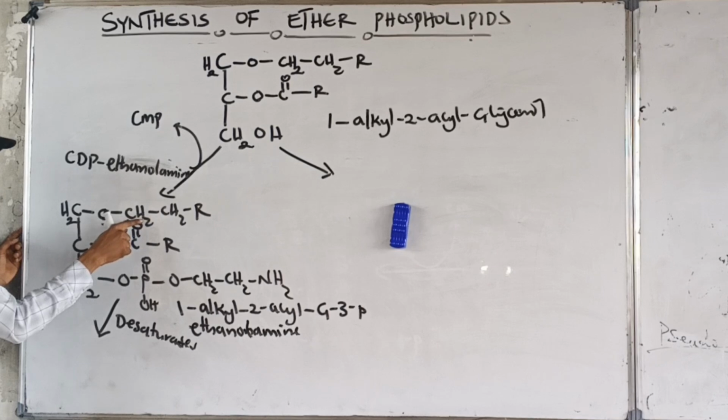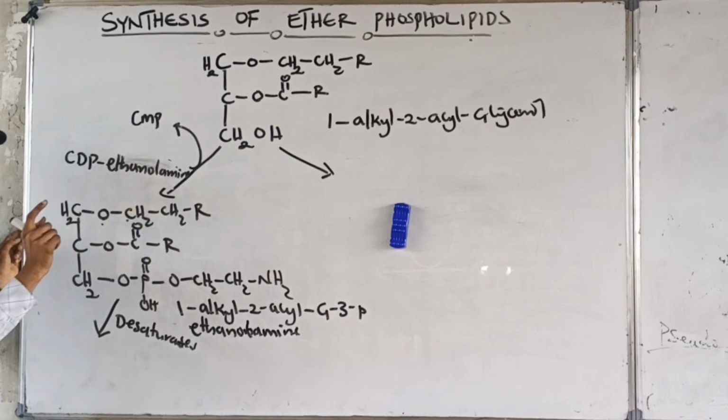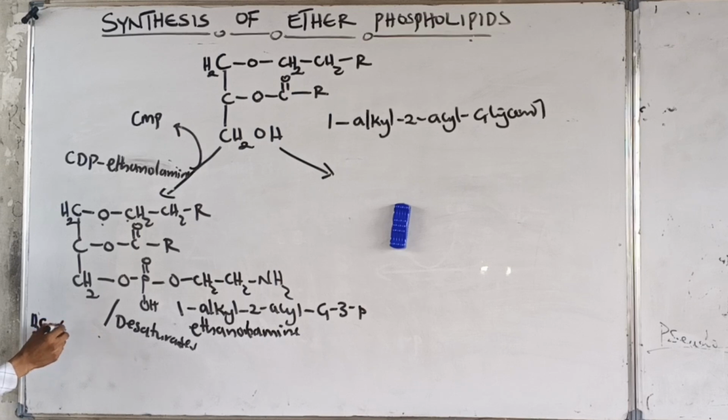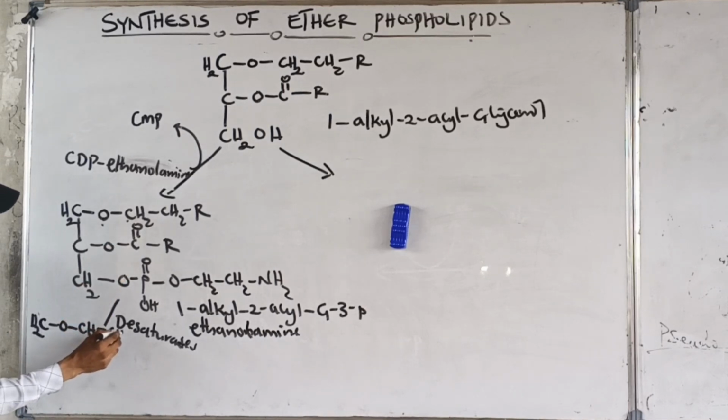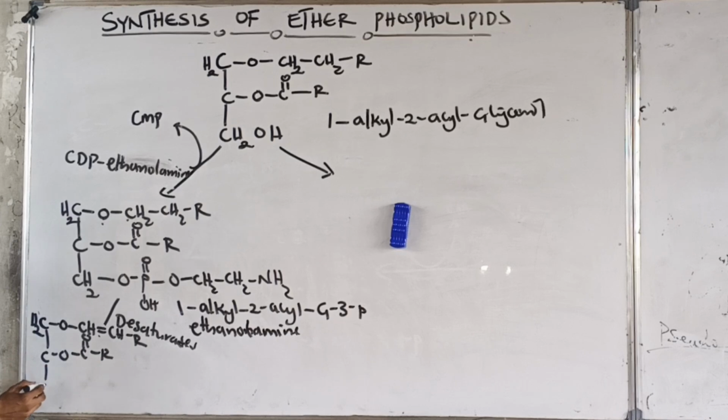So one hydrogen will be removed here, one hydrogen will be removed here, and a double bond added. The structure you now have is called plasmalogen. So we'll be having CH2O, CH. Now a double bond is introduced, CH, then an arrow. From here, CO. The other parts remain the same, basically.